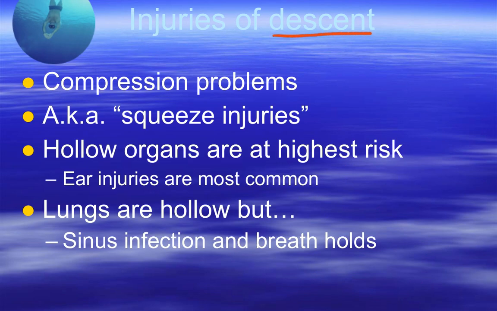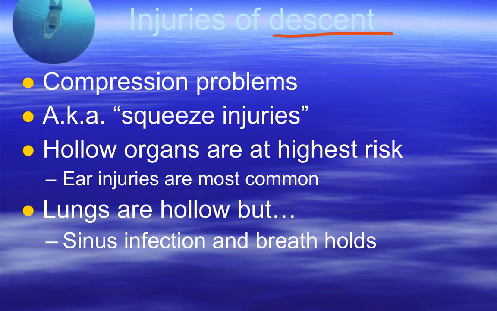So always be able to pick out which injuries are descent injuries, which injuries are bottom injuries, and which injuries are ascent injuries. Okay, so it's going to be a problem of compression when we talk about descent injuries, because as we're going down in depth, we are increasing what? We are increasing our pressure.